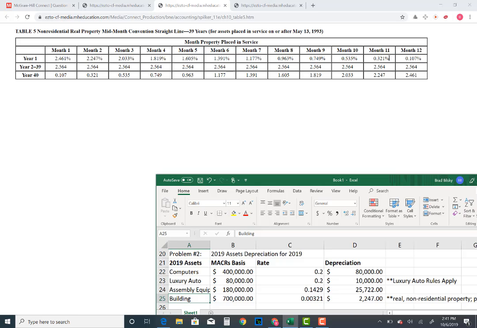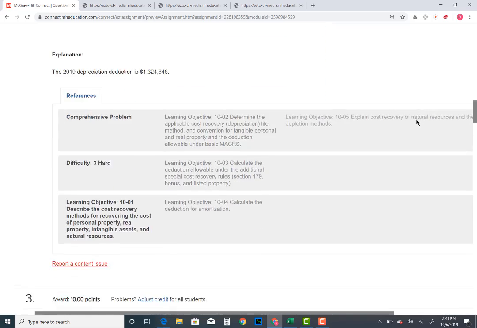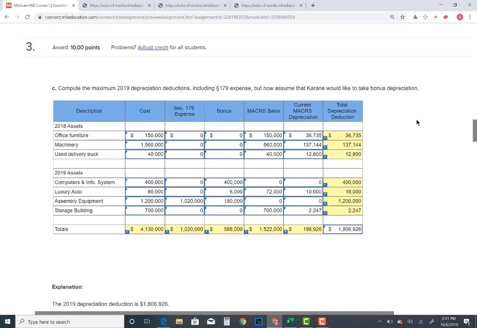Remember, when you convert percentages into decimals, you always have to scoot the decimal over two places. So right here, when I bring it down, I have to move that over. It's 0.00321. I take that times our 700,000 and get 2,247 in depreciation. And we could come back and see that number. So that's doing all the depreciation calculations for the second year of operation.